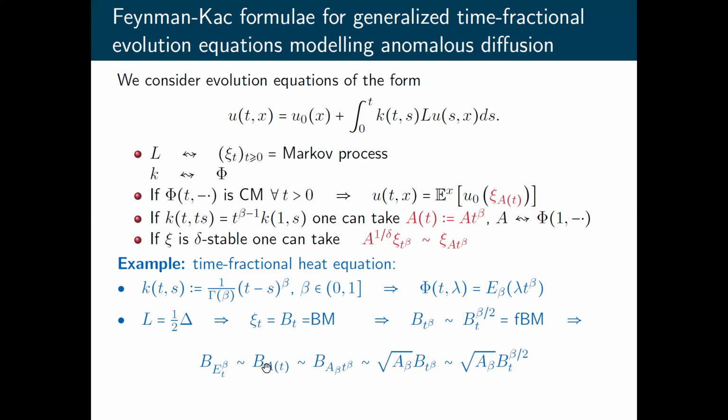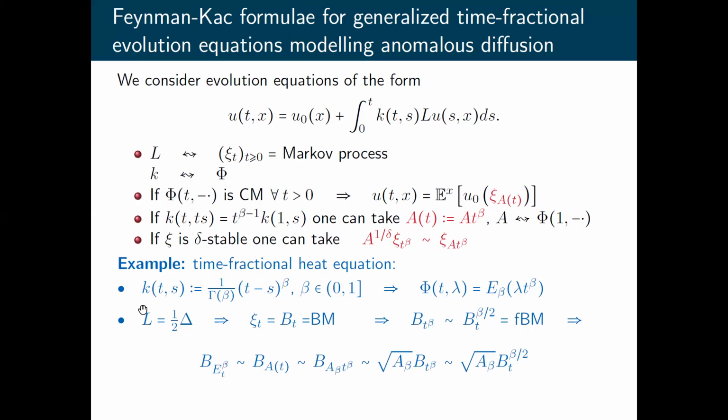And hence, by our results, we can use a stochastic solution Brownian motion subordinated with respect to any process A of t such that the distributions of random variables A of t are given by this Mittag-Leffler function. In particular, as one option, we can take the inverse beta-stable subordinator, and we obtain a known representation.